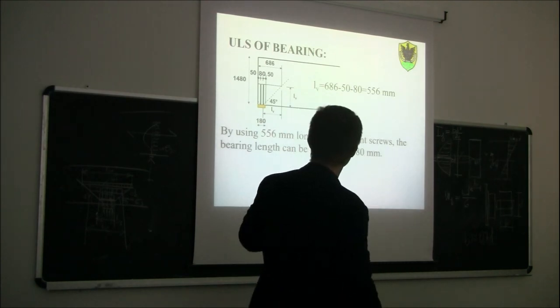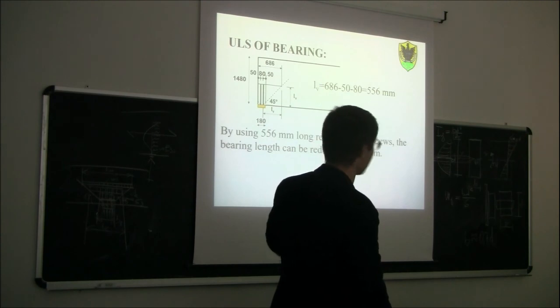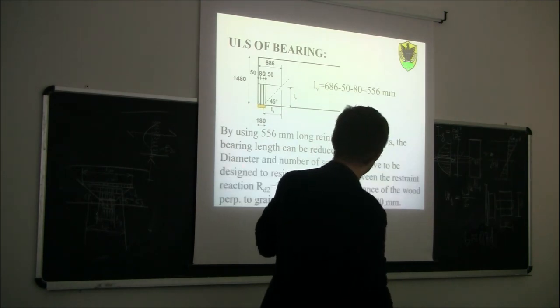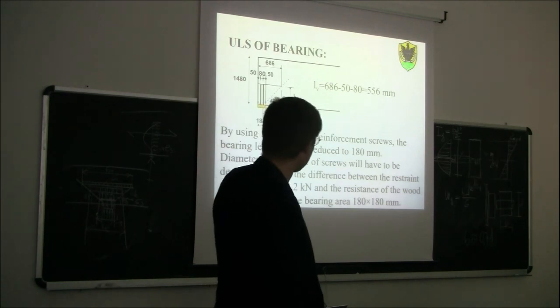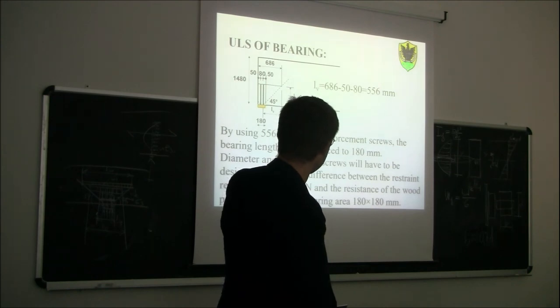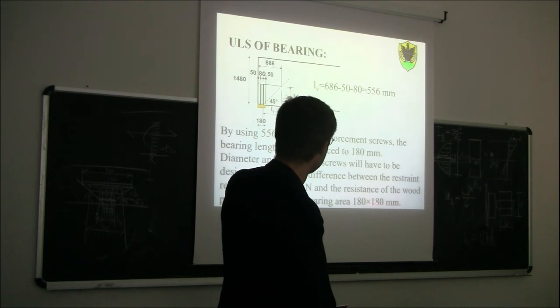So, by using 556 mm long reinforcement screws, the bearing length can be reduced down to 180 mm. Then what is still missing: the diameter and number of screws will have to be designed to resist the difference between the restraint reaction, 222.2 kN, and the resistance of the wood perpendicular to the grain over the bearing area of 180 by 180.